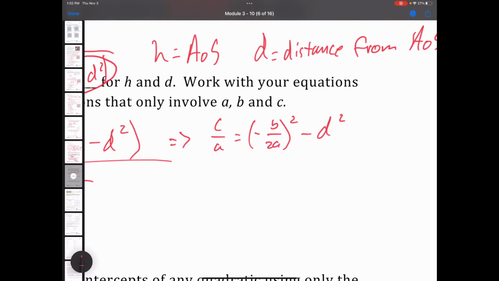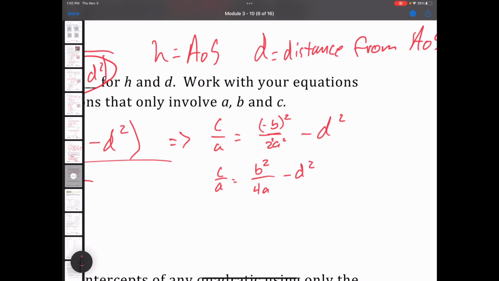Now I'll put this square through, where I've got negative b squared, 2 squared, and a squared. So I get c over a is equal to b squared over 4a squared, minus d squared.